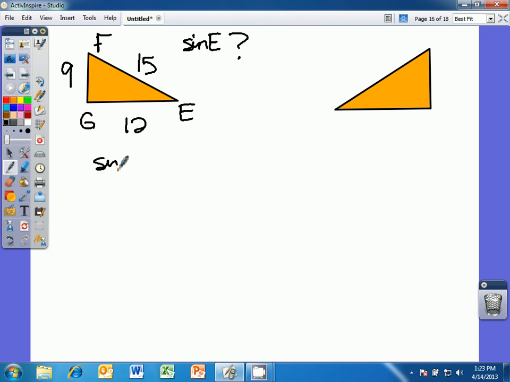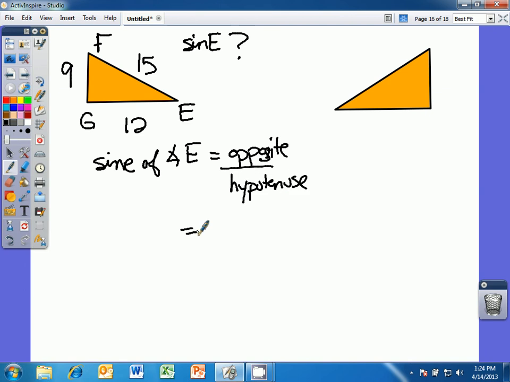Because if you remember, go back and look at your chart till we get real familiar with this. Sine of angle E is the opposite over the hypotenuse. So if I'm standing here at angle E and I look opposite, that's 9, and my hypotenuse, which is opposite the right angle, is 15. That can get simplified to 3 over 5. So my trig ratio, my sine for angle E, is 3/5.